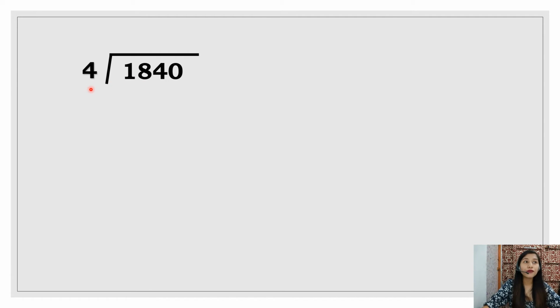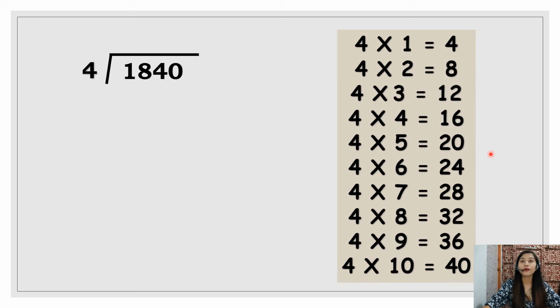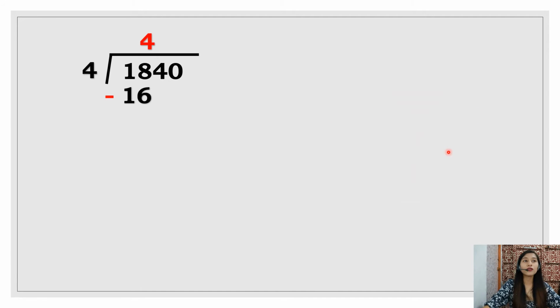So, 18 divided by 4 is 4. Dito tayo sa 4 kasi kasya lang siya dito. So, 4 times 4 is 16. So, 18 minus 16 is 2.